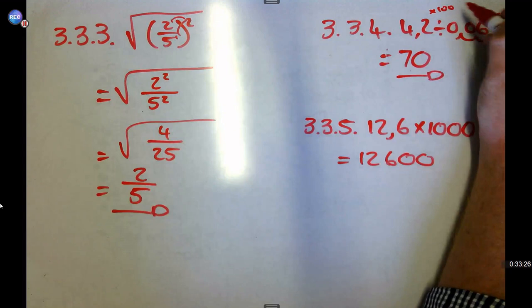Now you can cross cancel. 4 goes into itself once, and 4 goes into 48 12 times. You can also check if 3 goes into 26, but I doubt that it will. So 3 doesn't go into 26.